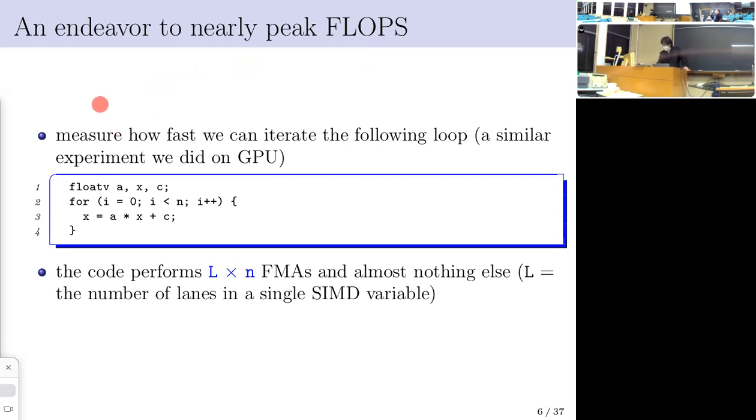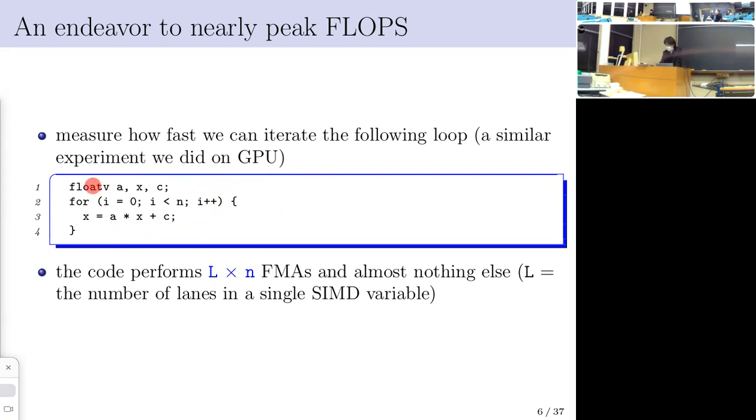For what I'm going to show, it is almost exactly the same as what we did before on GPUs, which is just to write simple code doing almost nothing other than X plus B, so FMA. It simply repeats FMA many times and measures how fast we can iterate this loop. So how fast you can do this X equal to X plus B so many times.